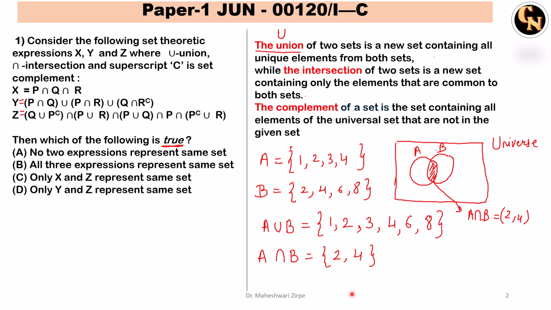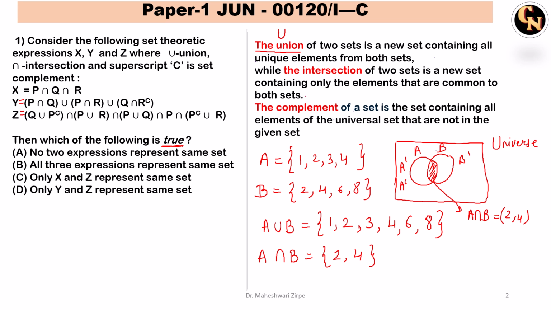Complementary is represented by A dash for A and B dash for B, or they even represent it by the superscript C, like here, R raised to C. So it may be represented A raised to C or A dash. Complementary means all these elements which are here. I can highlight it like this.